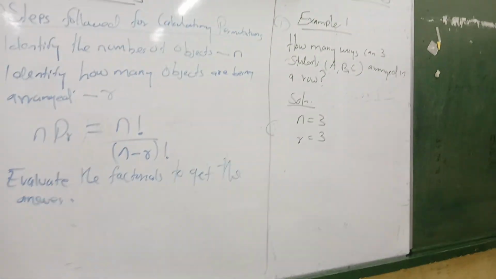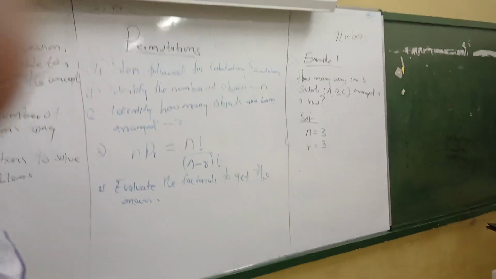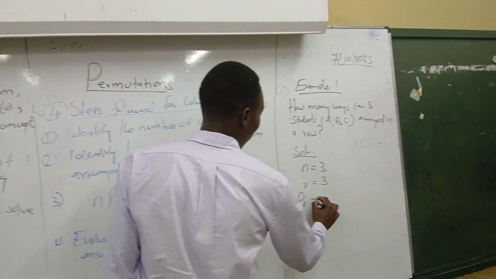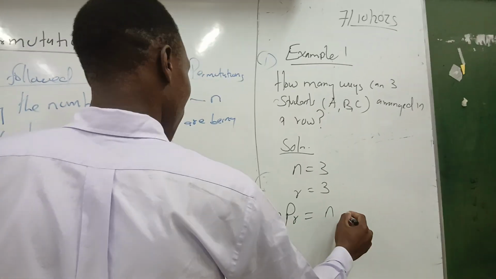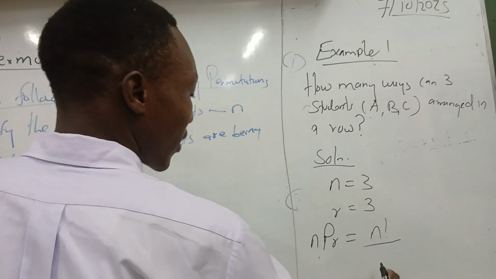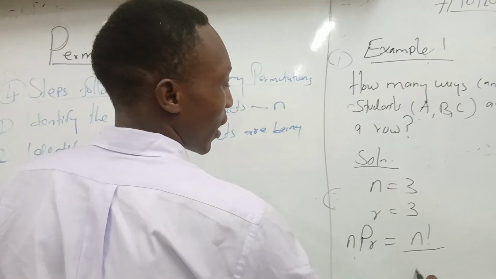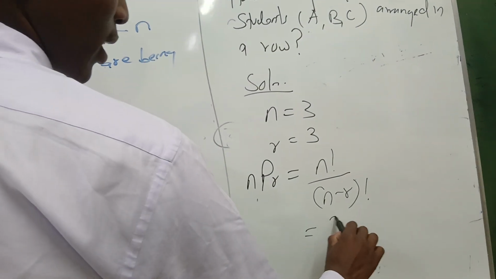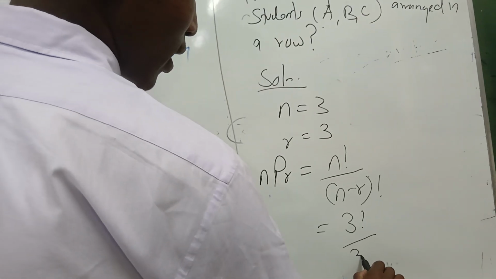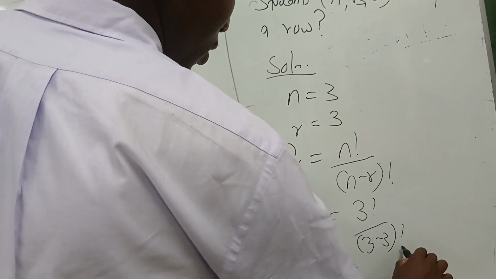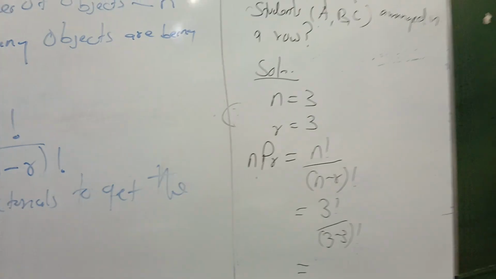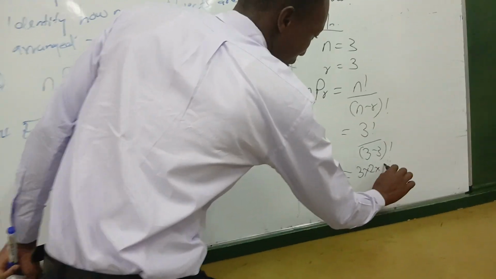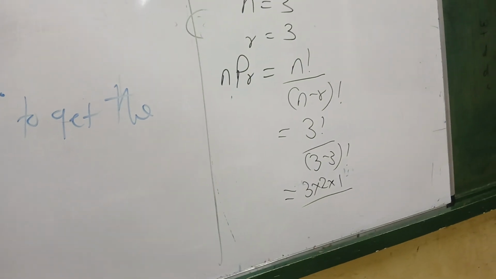So step number 3 is to replace in our formula. We have n permutation r is given by n factorial all over (n minus r) factorial, which will be 3 factorial all over (3 minus 3) factorial. What is 3 factorial? 3 multiplied by 2 multiplied by 1, divided by 0 factorial.